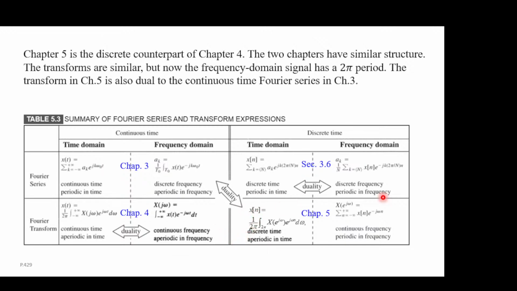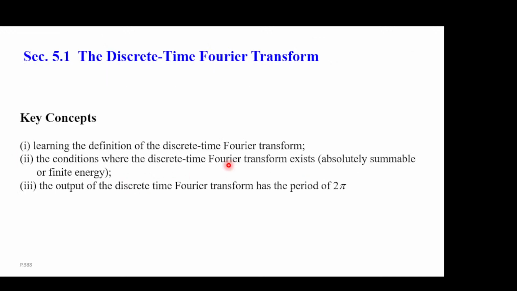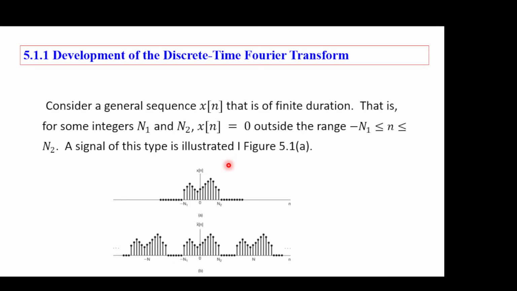We are going to derive those two equations, and we are going to see a difference where, because your small x is discrete time, that gives a big X with 2π period. And as we said, there is a duality to a Fourier series, but let's ignore that for now.